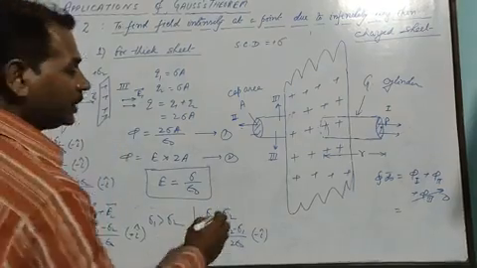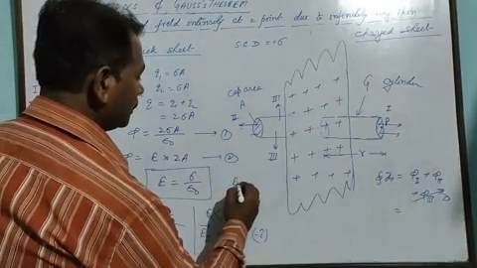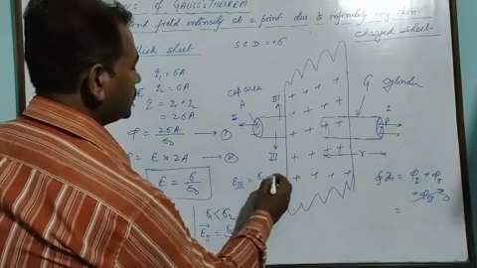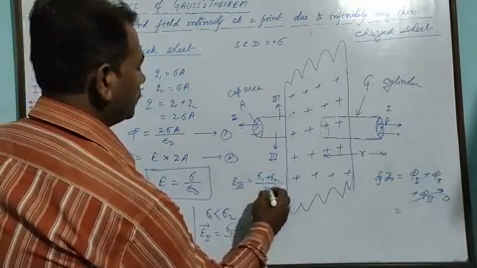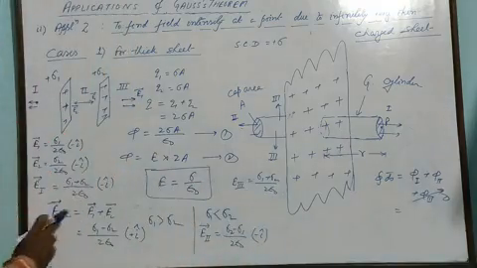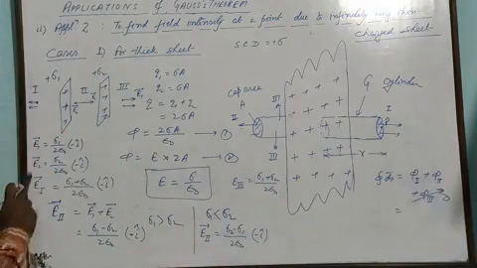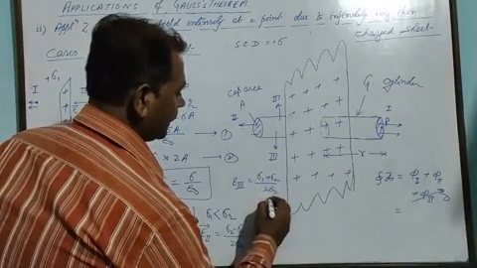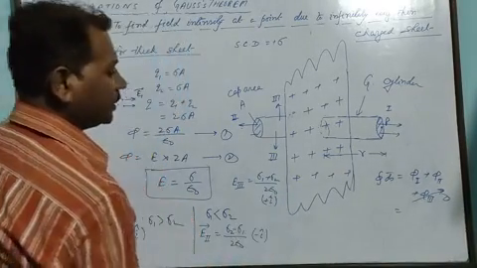So in zone 3, again sigma 1 plus sigma 2 by 2 epsilon naught will come. The magnitude will be similar to zone 1. The only difference is in direction, and on this side its direction will be plus i.